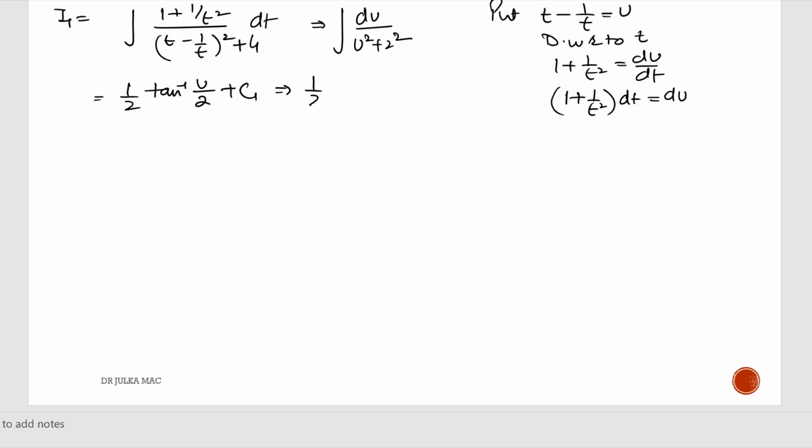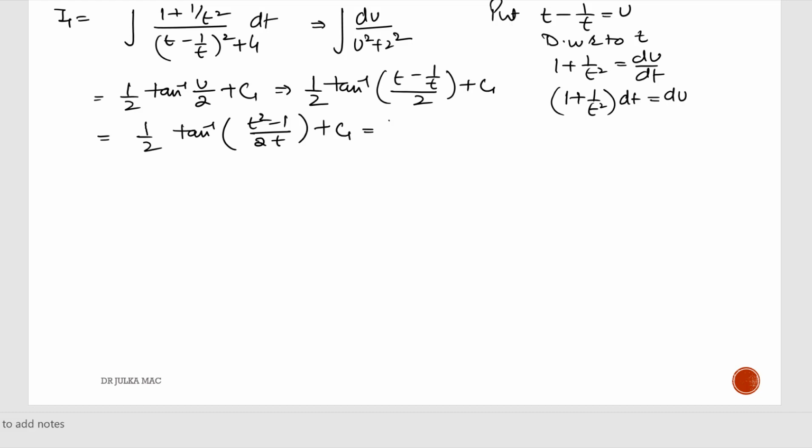Replace u by t minus 1 by t. After taking LCM, we have 1 by 2 tan inverse (t square minus 1) upon 2t and the value of t is root x minus 1. So t square is x minus 1 and after simplifying we will get 1 by 2 tan inverse (x minus 2) divided by the root of x minus 1 plus c1.